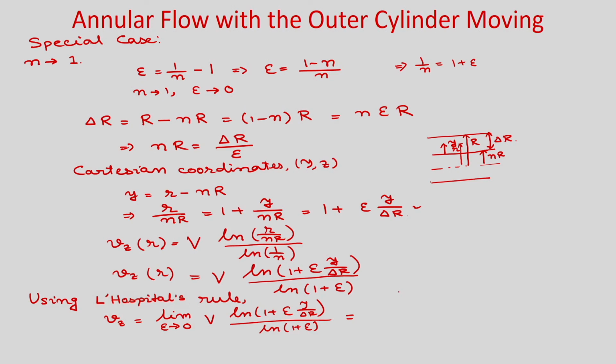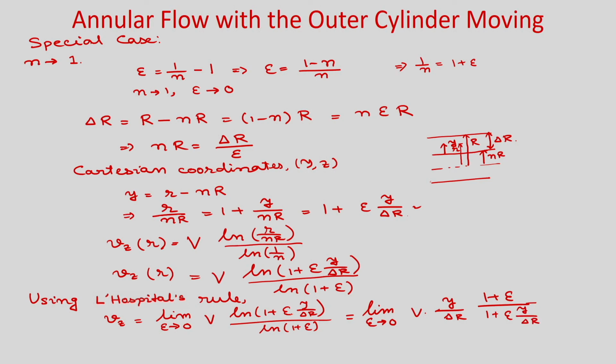So, you will get limit epsilon tends to 0 of v times y by delta r times (1 plus epsilon) divided by (1 plus epsilon y by delta r).